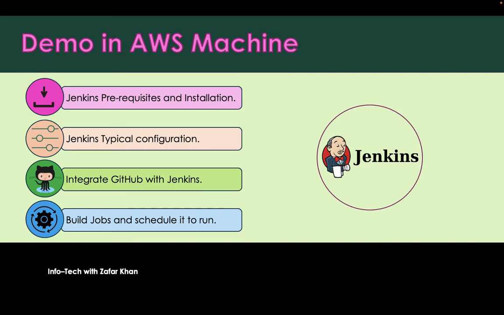If GitHub shows the main branch, then your Jenkins should also mention the main branch. We have also built the job, scheduled it, and run it multiple times. So this is the overall concept of the initial stage of Jenkins configuration as well as building the job.